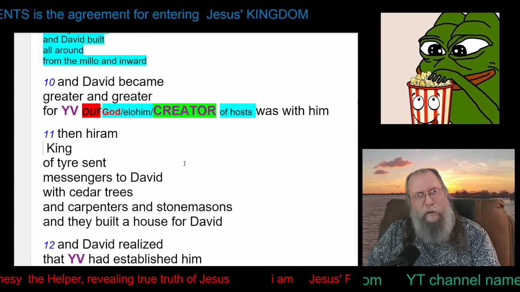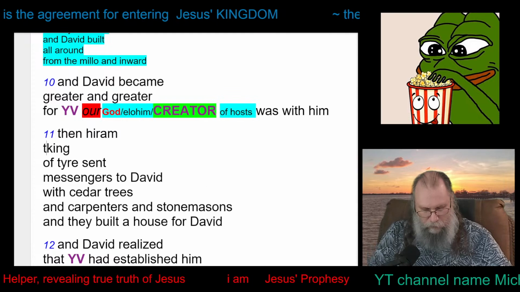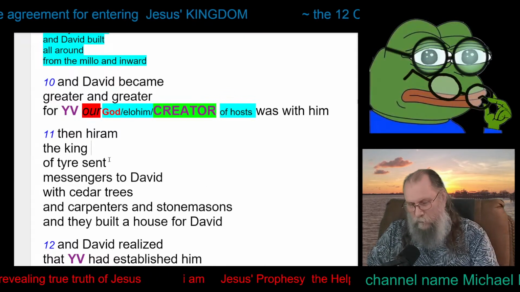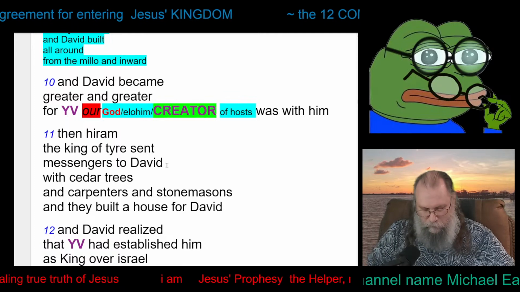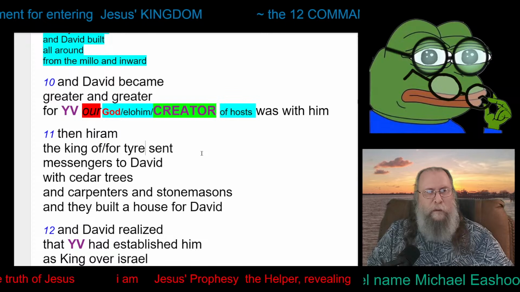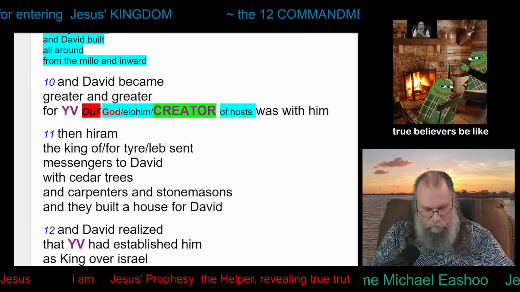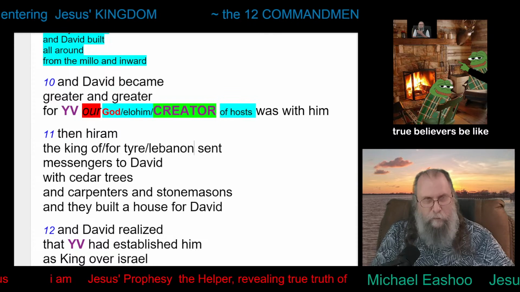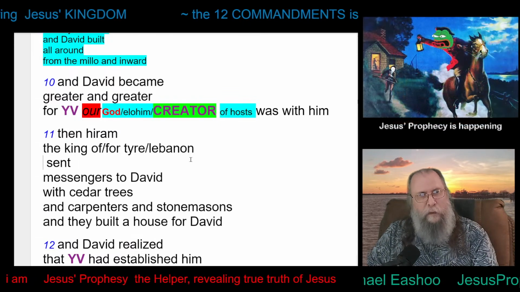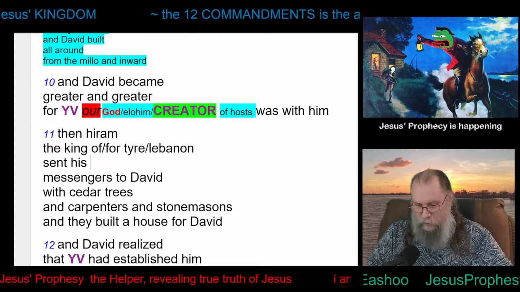Then Hiram, king of Lebanon, sent his messengers.